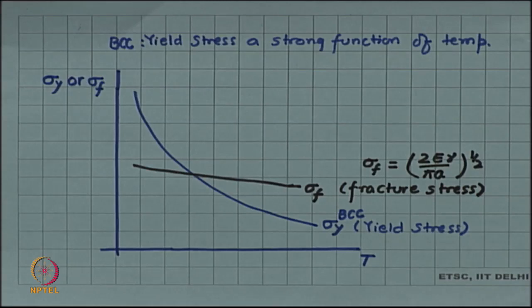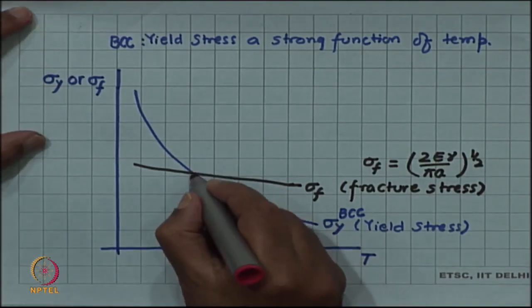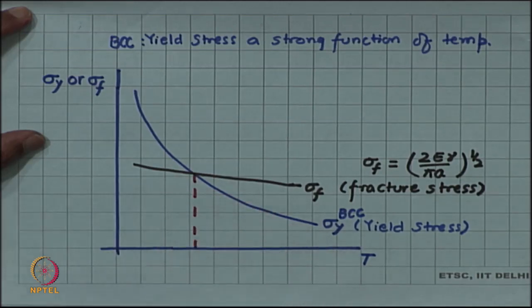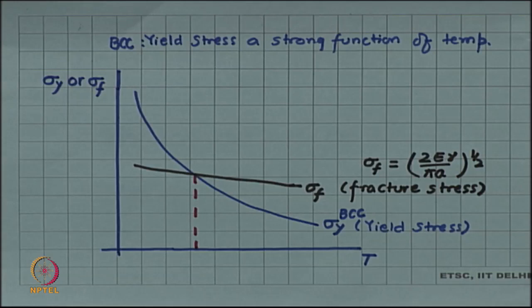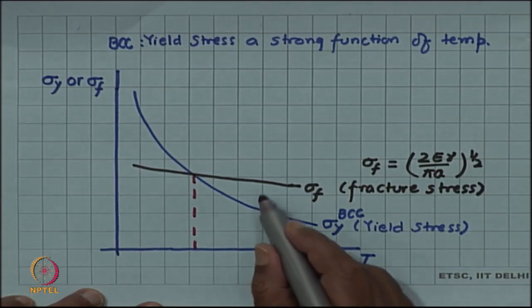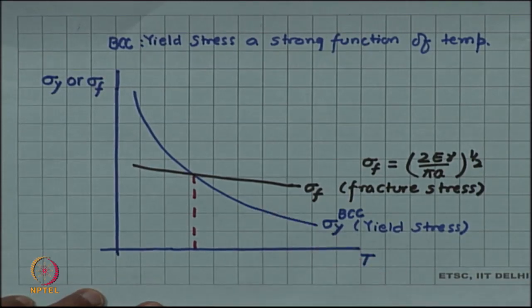If this is the situation, then the two curves are intersecting at a given temperature. On the higher temperature side, you see yield stress is lower than the fracture stress.